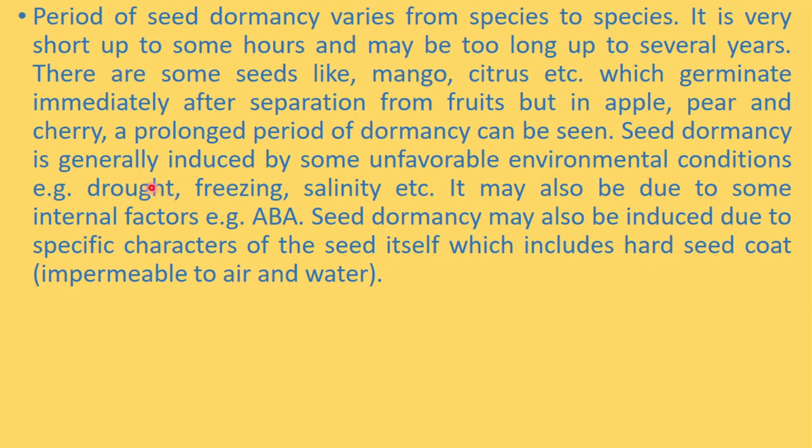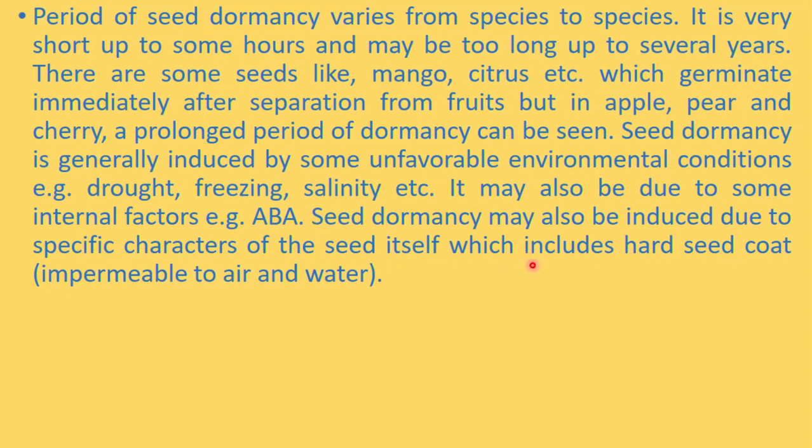Seed dormancy is generally induced by some unfavorable environmental conditions, for example drought, freezing, salinity, etc. It may also be due to some internal factors like ABA, abscisic acid. So seed dormancy is caused by unfavorable environmental conditions as well as internal factors like the presence of ABA.